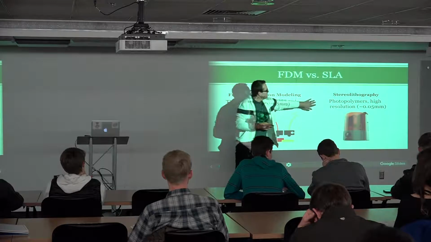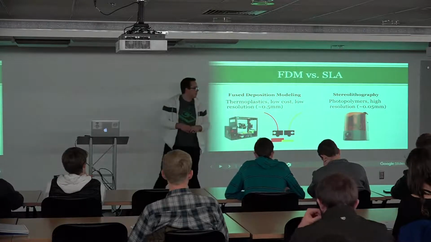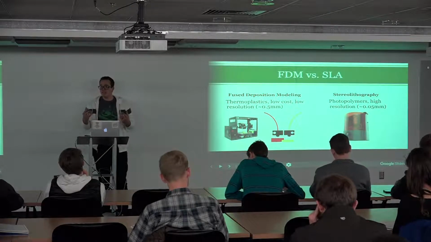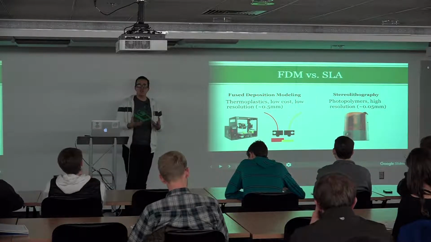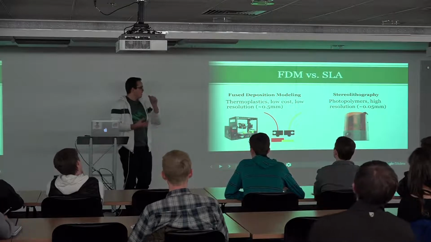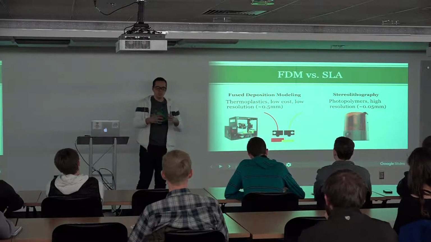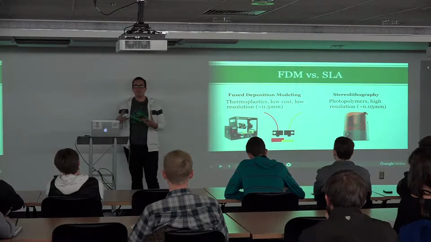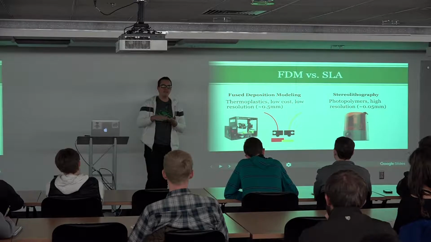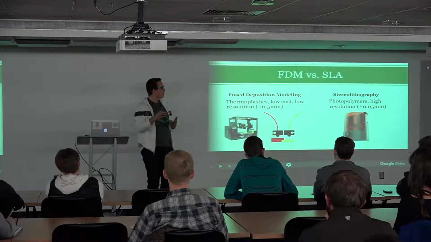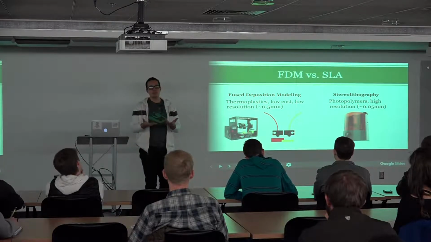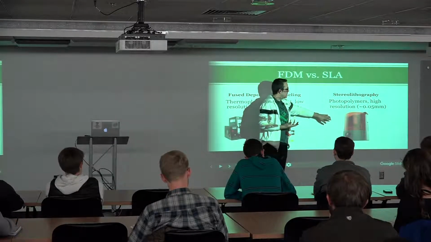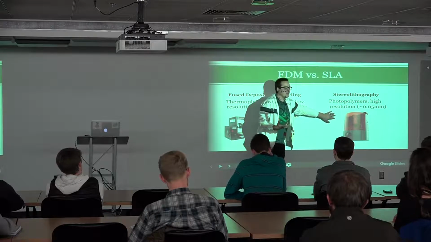And then you've got SLA, or stereolithography printing, and that uses a liquid resin. It's a photocurable resin, a goopy, syrupy resin that reacts to light. When you shine a high intensity light of a specific wavelength, it cures into a solid plastic. So your resolution is mainly dependent on the resolution of the projector you have in there.